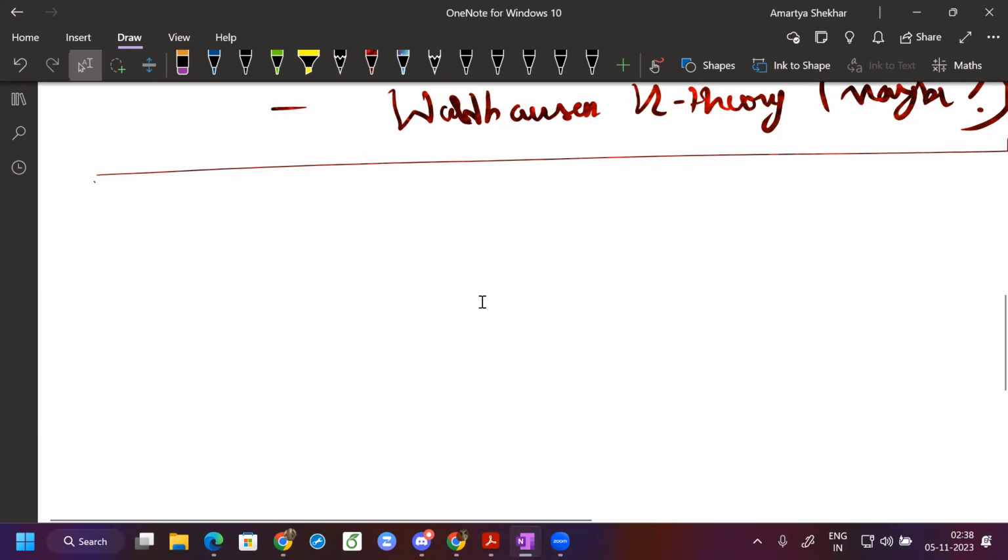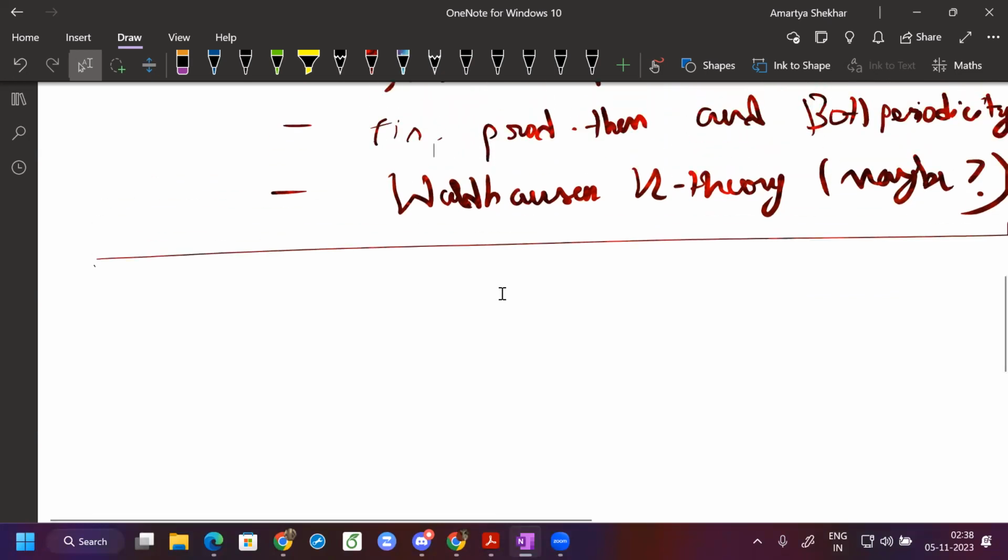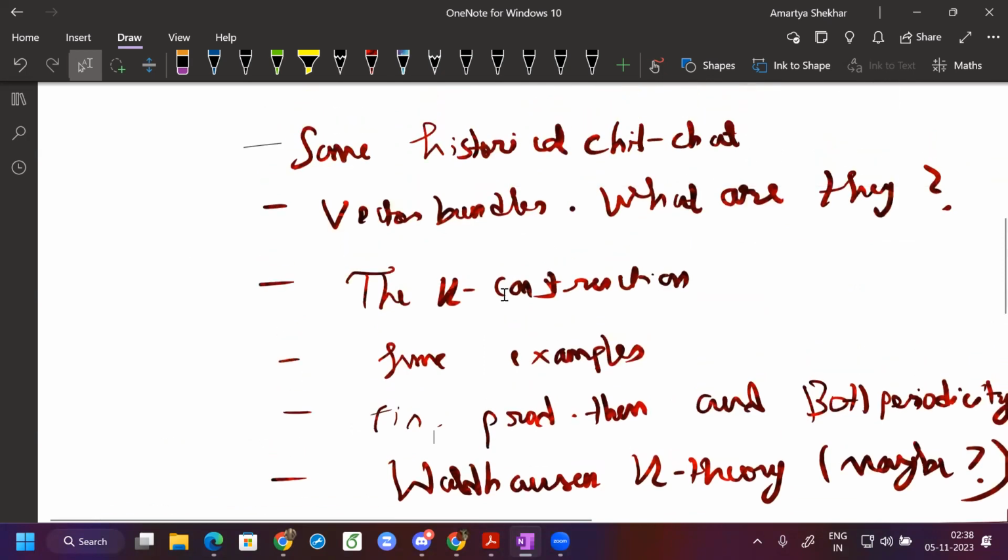The story goes that because C of X means continuous maps from X to wherever, they decided to call it K of X. I'm not going to get into what exactly he was doing; we'll maybe get to that towards the end.